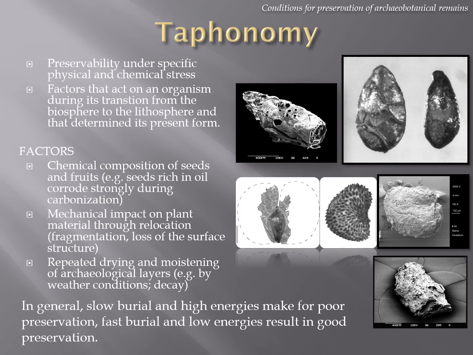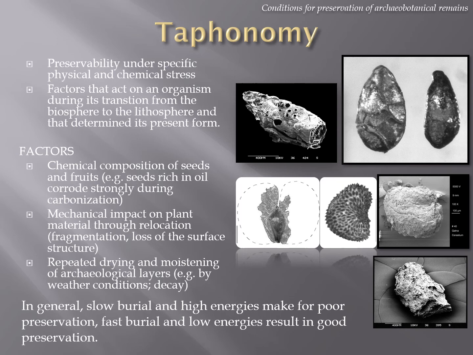Generally, material will be best preserved when burial is rapid and the energy levels by which the burying medium is deposited are low. A good example is the Roman town of Pompeii, which was very rapidly buried by the eruption of the volcano Vesuvius in 79 AD.